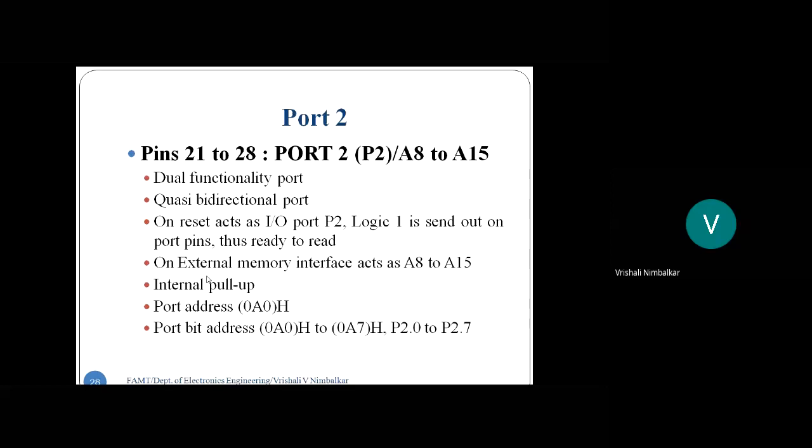Okay, and again I say, how does the microcontroller understand that an external memory is connected? It is because of that pin EA bar, the external access pin, or when the microcontroller is executing the instruction MOVC, copy the code memory, right?